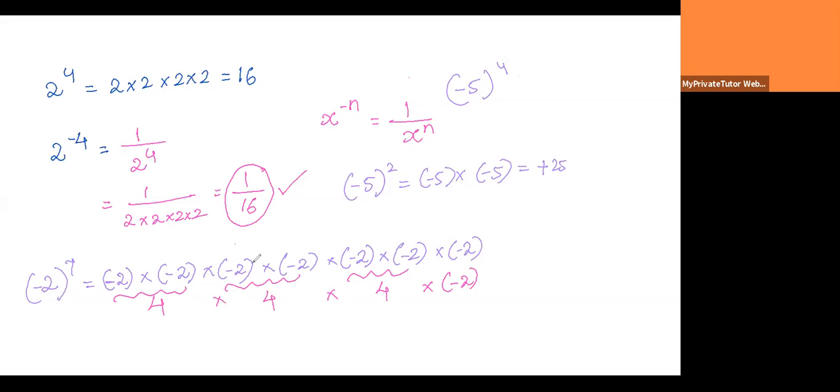Multiply again: 4 times 4 is 16, 16 times 4 is 64. Finally, we are left with 64 times minus 2, one positive number and one negative number. So 64 times 2 is 128, and here we have a minus, so minus 128 is the answer. I hope everyone understands this. Let's try one more question.